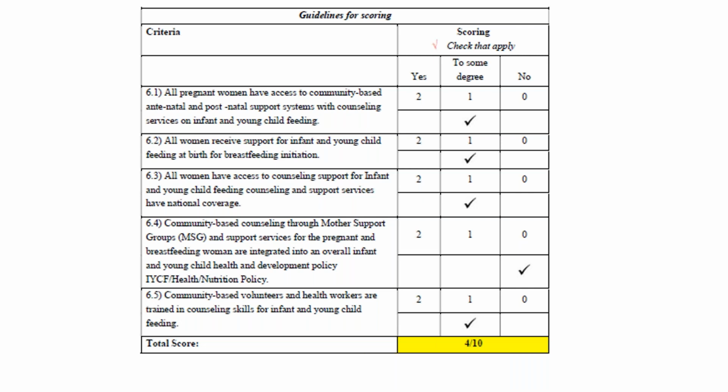First of all, we don't have a national policy. But when we do put a national policy together, 6.4 is asking us to be sure that we have a national mother support program that's supported and integrated into the national policy. And 6.5, community-based volunteers and health workers are trained in counseling skills for infant and young child feeding.